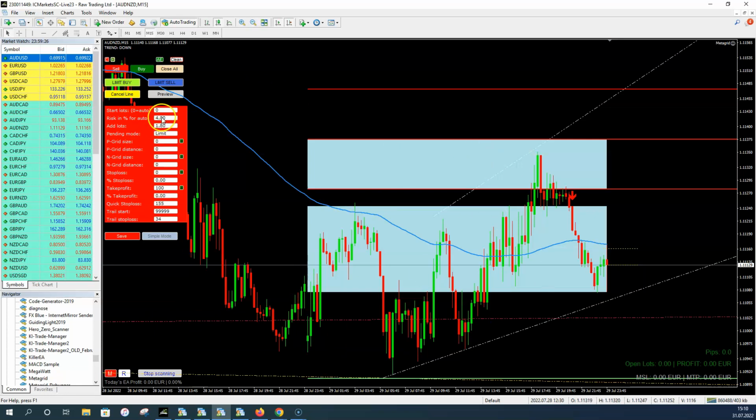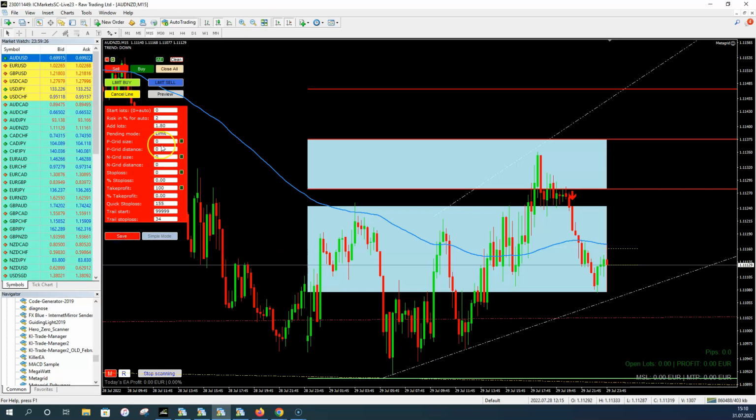So in case you have a loser, you will lose 4% on each trade. Every loser loses 4% of your account balance here. Of course, you can go with 1% or 2%, it's up to you.